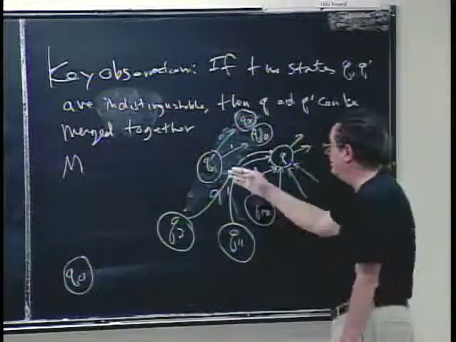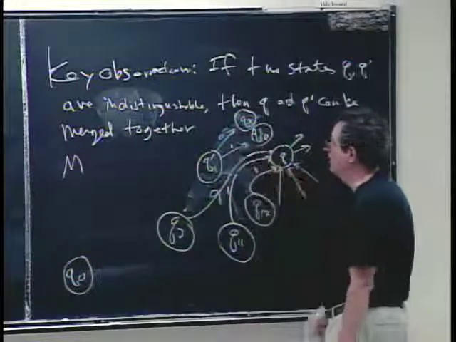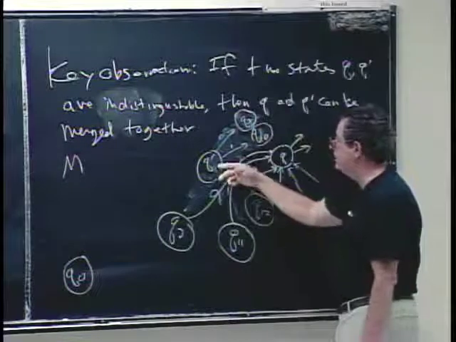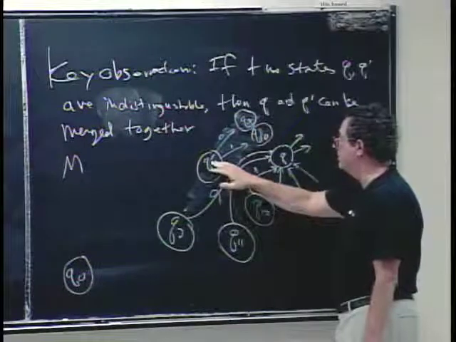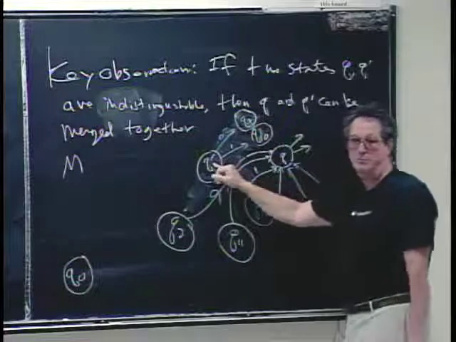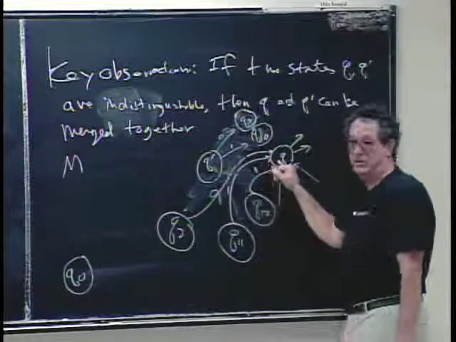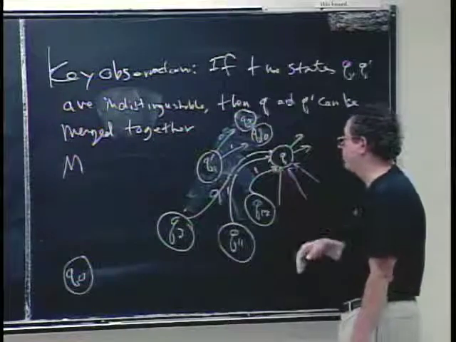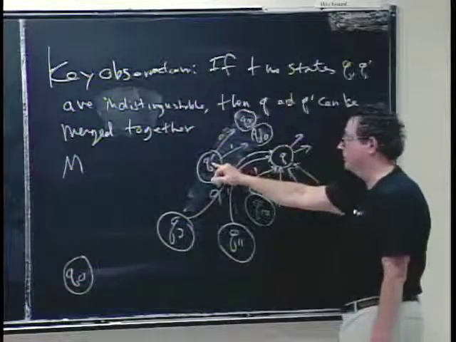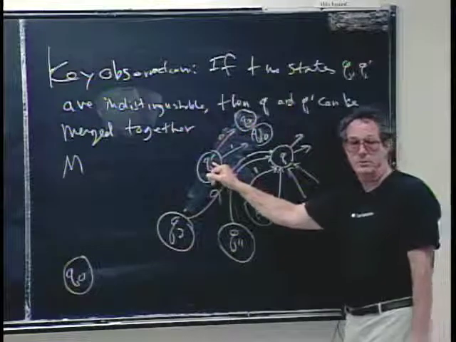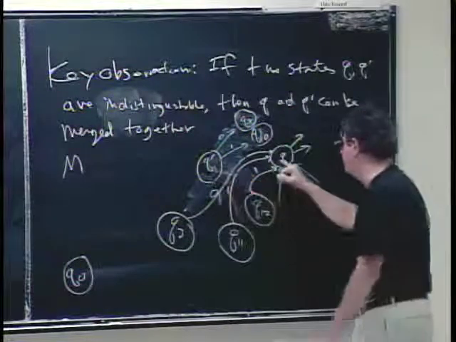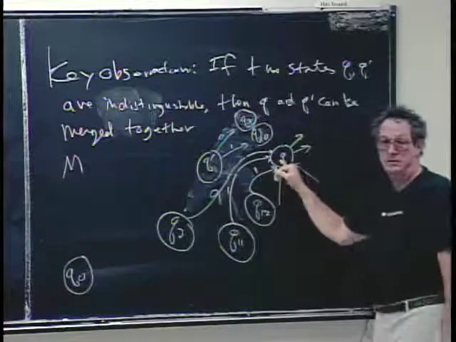Put it another way, in terms of the original definition we gave, there's no string such that when you start at Q prime, you end up in a final state, but when you start in Q, you don't end up in a final state. And conversely, there's no string such that when you start at Q prime, you end up in a non-final state, but when you start at Q, you end up in a final state.